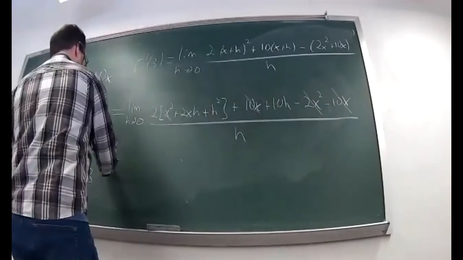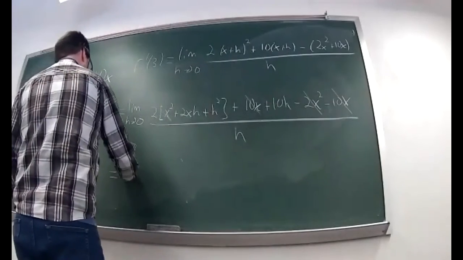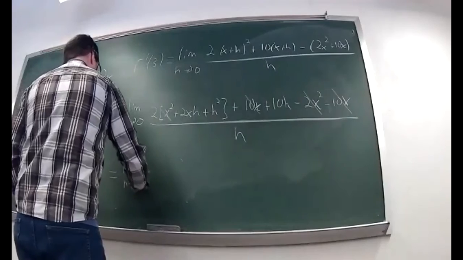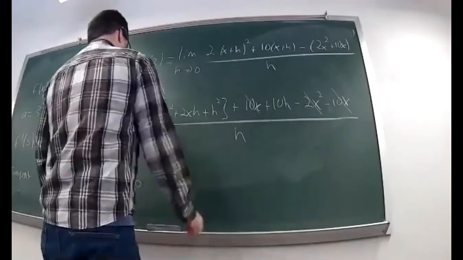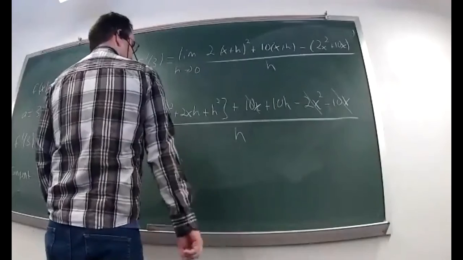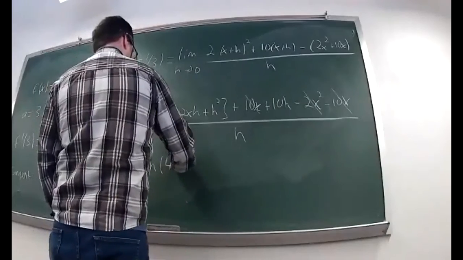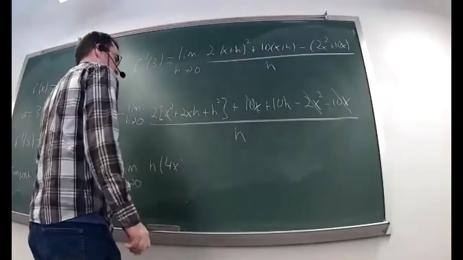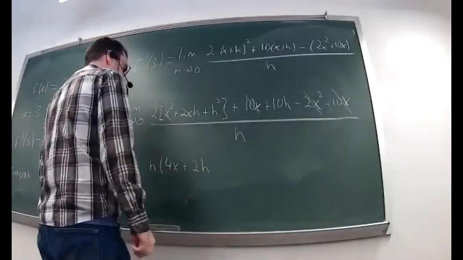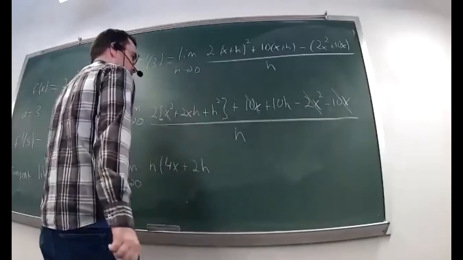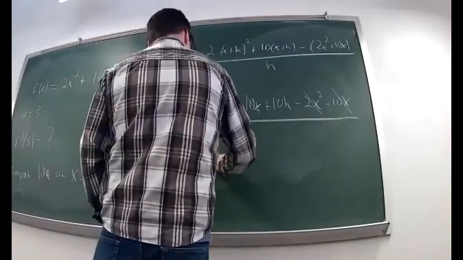Everything that's left has an h as a factor. Go ahead and make that factorization. So what's left is h times 4x plus 2h plus 10.